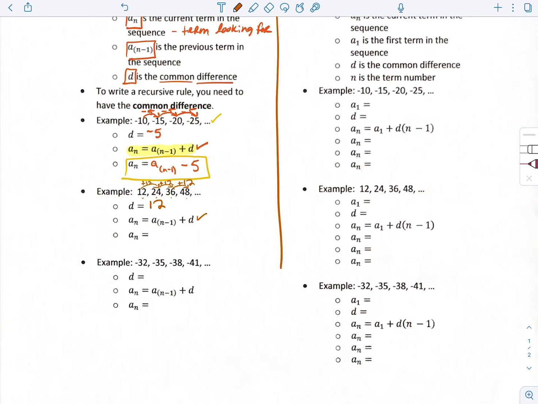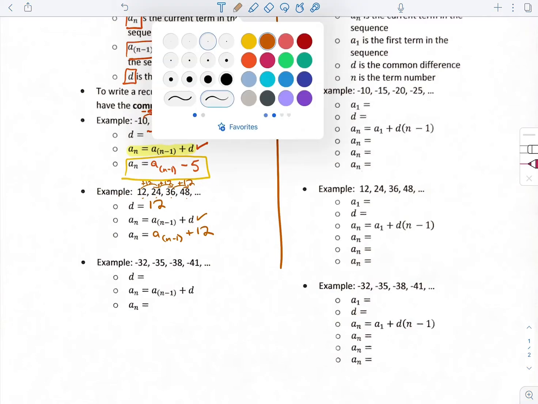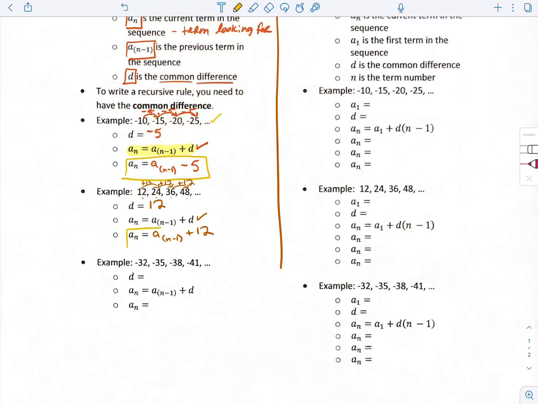We're given the equation, and all we need to do is just fill in that D, which is 12. And we have our recursive form. Remember, A sub n minus 1 represents the previous term. So if we want to find the next, we just take the previous term, add 12, and then we get the term we're looking for.